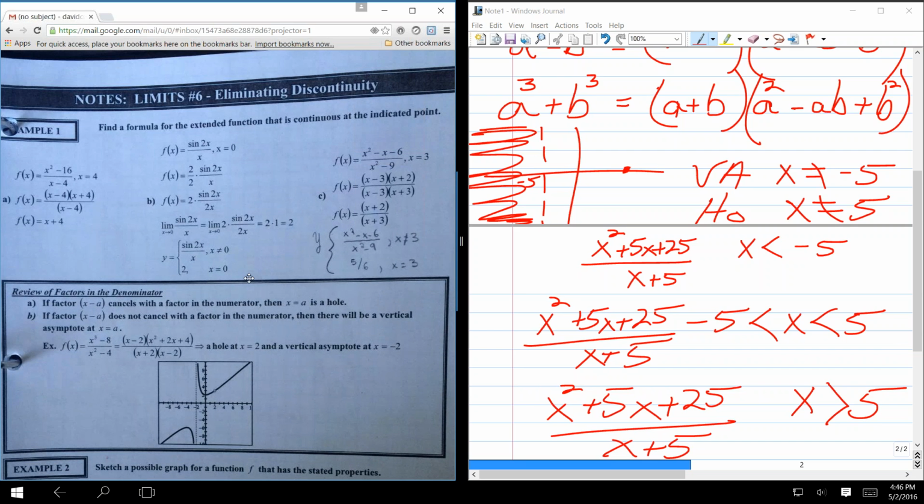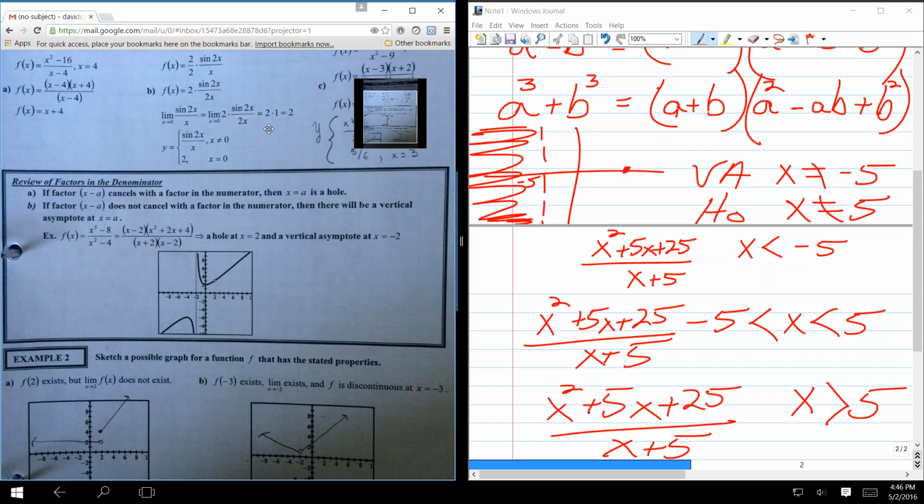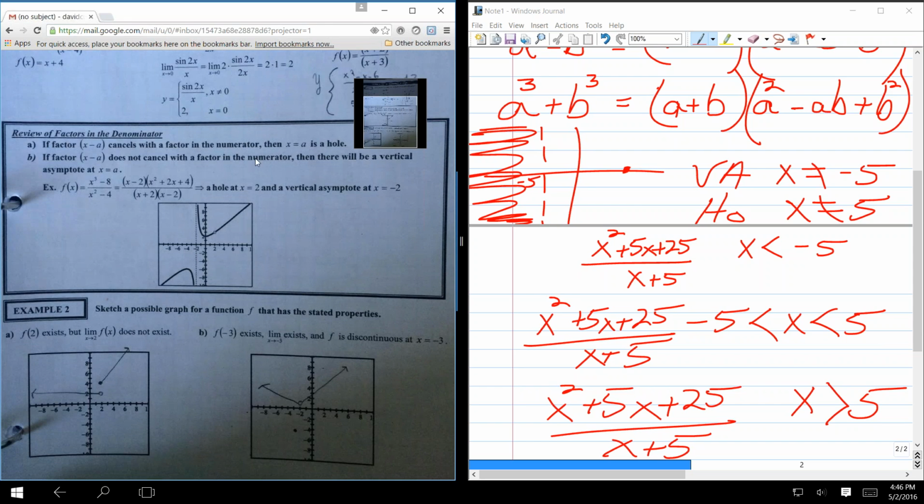Those are the sample problems. But with the ones that she gave us, it doesn't have an x equals. Here it looks like the review of factors in the denominator. This was difference of cubes divided by difference of squares.